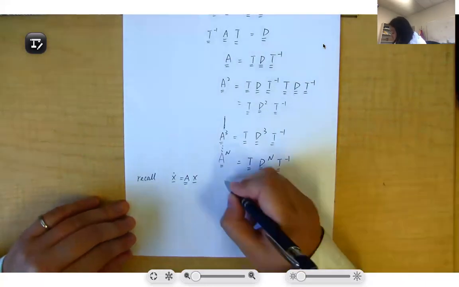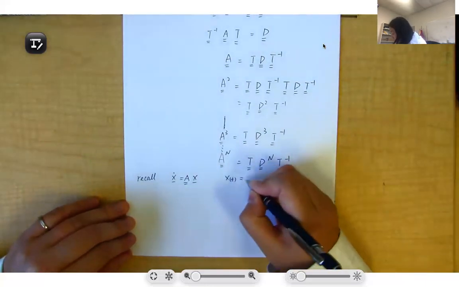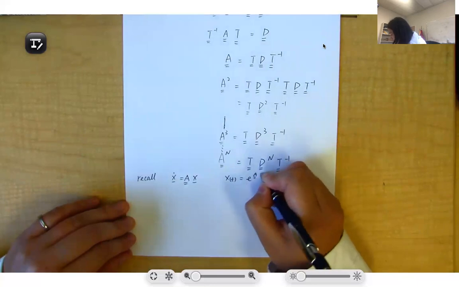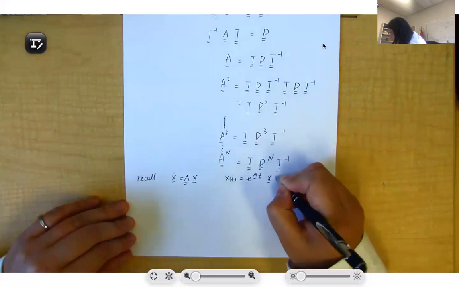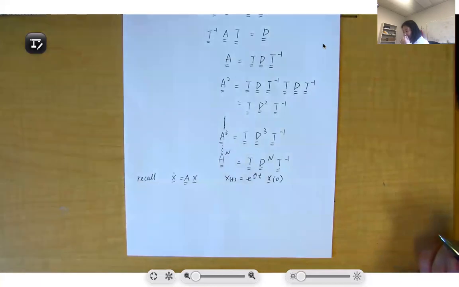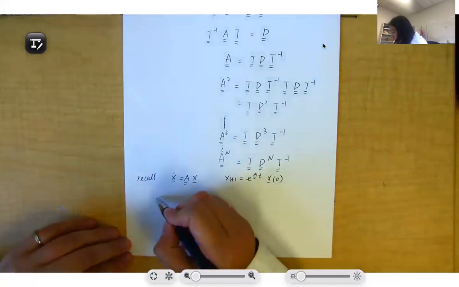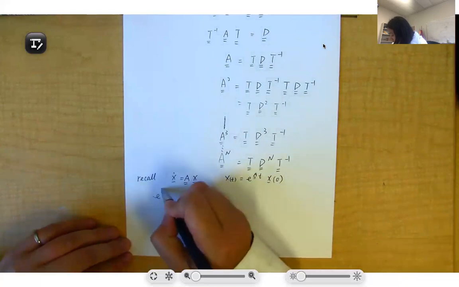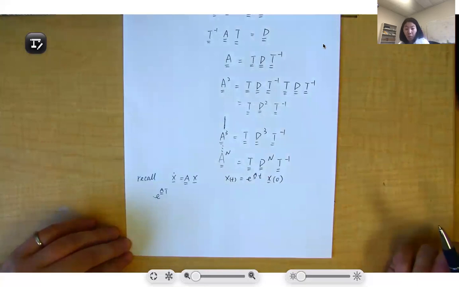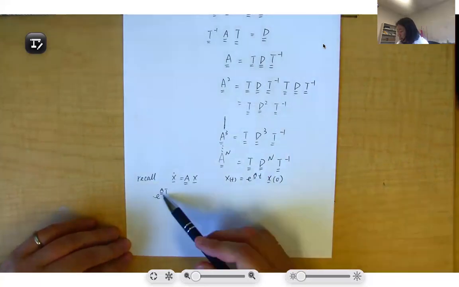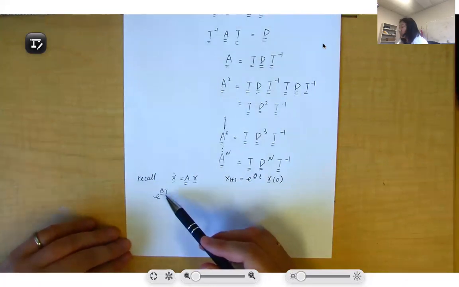And our solution format is x of t equals e to the A t times x initial. This e to the A t is an exponential format, where this A is either uncoupled or coupled dynamics.